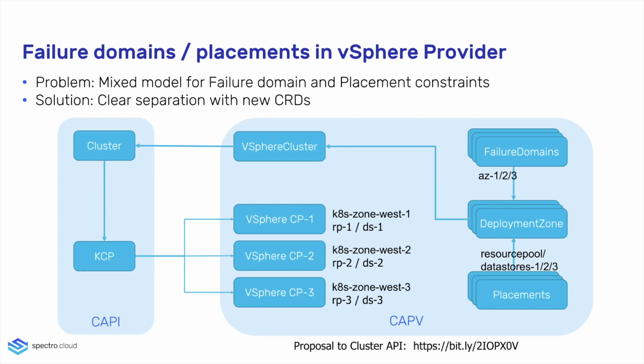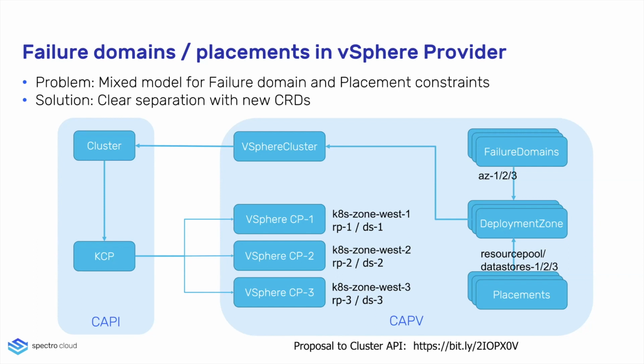The current ClusterAPI vSphere provider API kind of combines all the information needed into one VM clone template, which doesn't align with the new requirement. And during the last couple of weeks, we have worked with the community and the VMware engineers to come up with a proper solution for this.